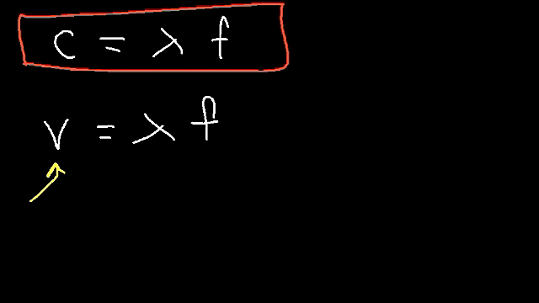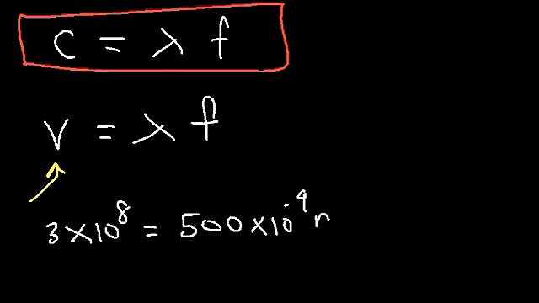So let's calculate the frequency using the information that we had in the last example. The speed of light in a vacuum is 3 times 10 to the 8. The wavelength was 500 nanometers, which is 500 times 10 to the negative 9 meters.